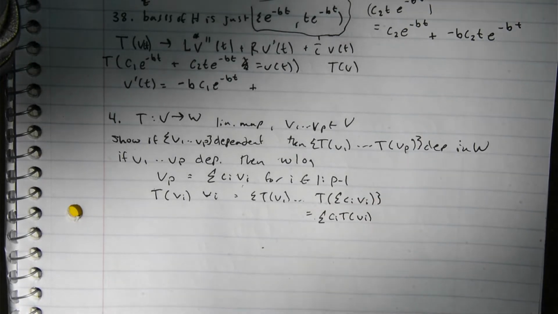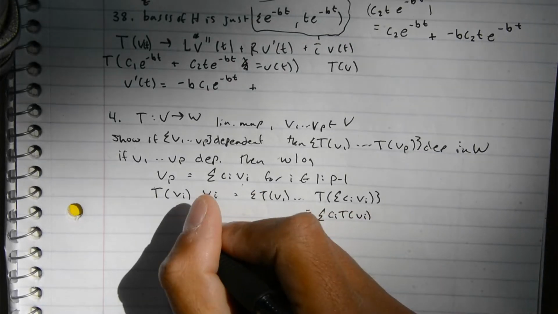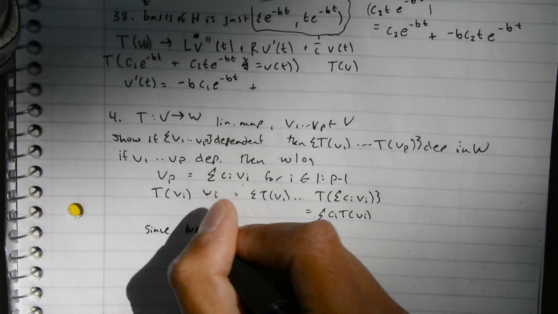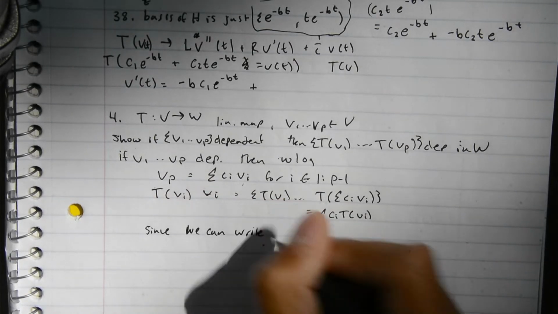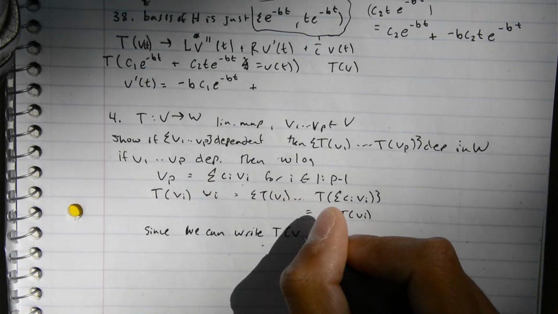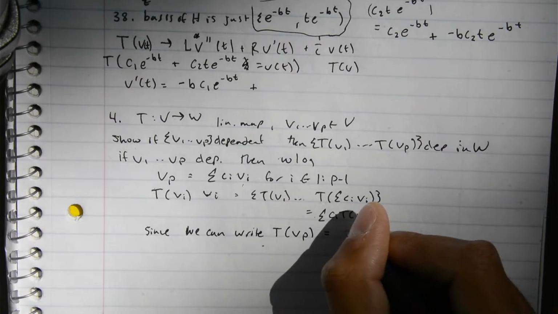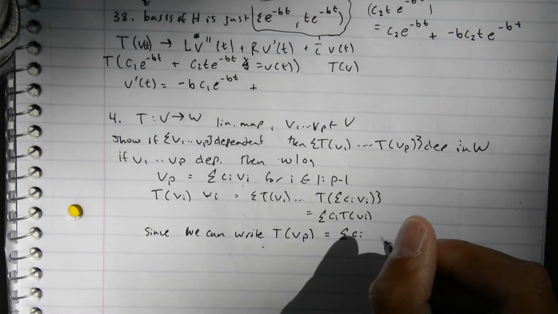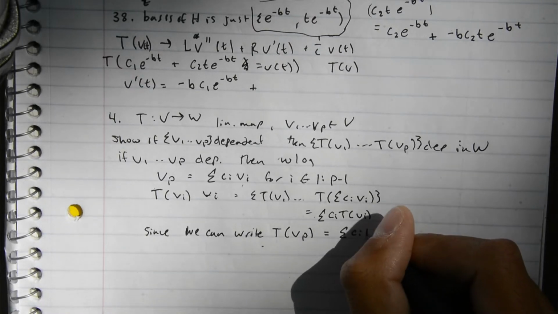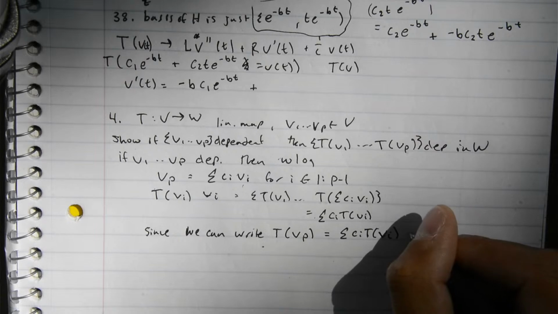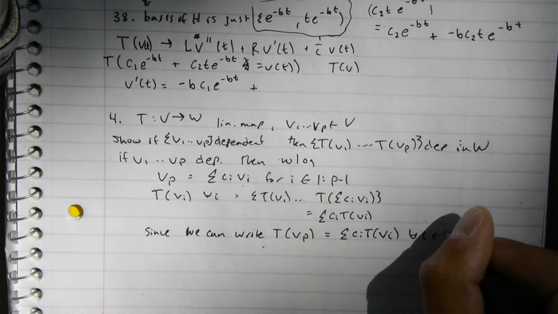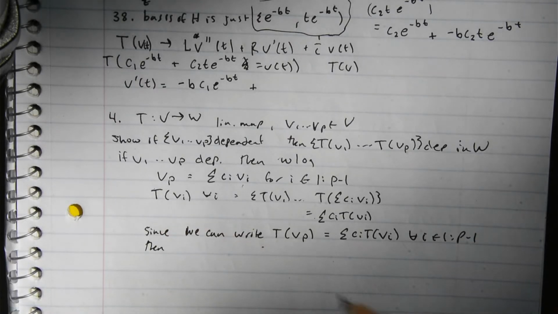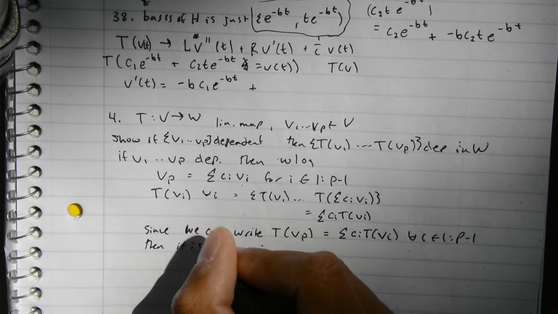This is the whole proof, is that since we can write T of VP equal to the sum of CI T VI for all I in 1 to P minus 1, then it is dependent.